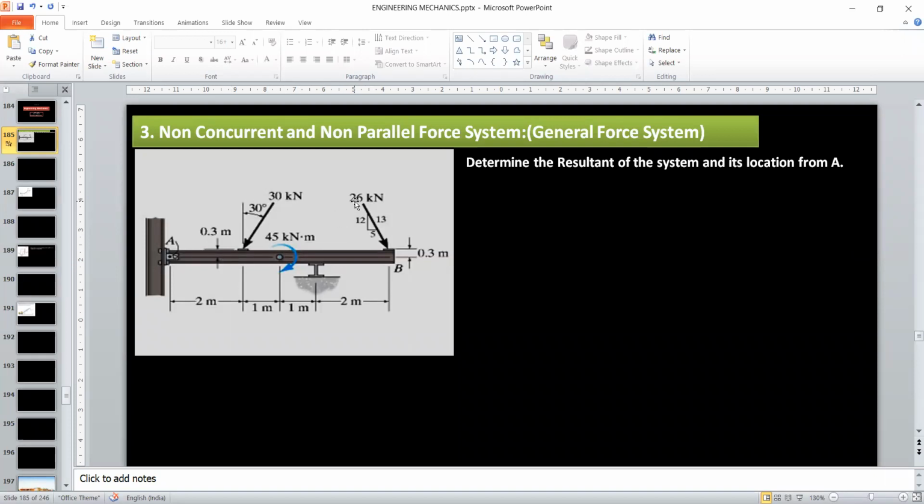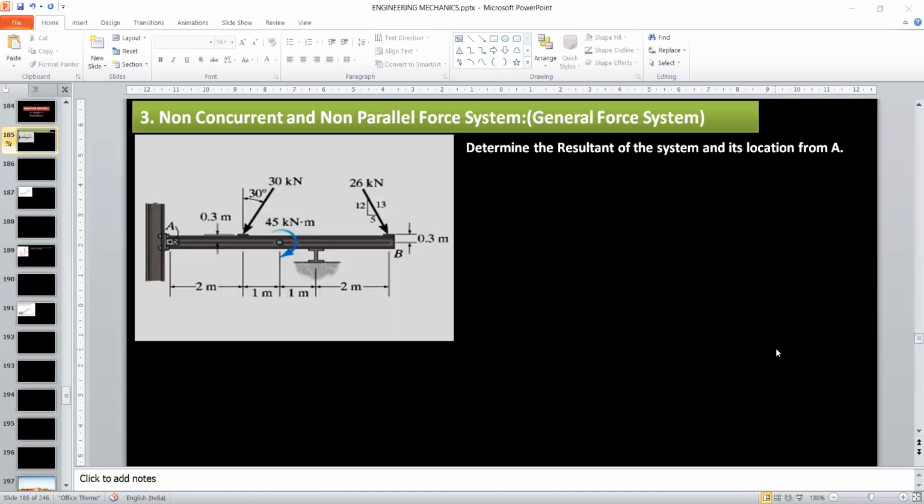One is 30 and the second is 26 kilonewton. And one additional couple is present in the system, which is 45 kilonewton meter. The question is, determine the resultant of the system and find its location with respect to point A.